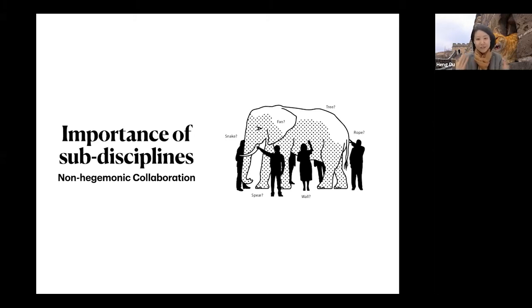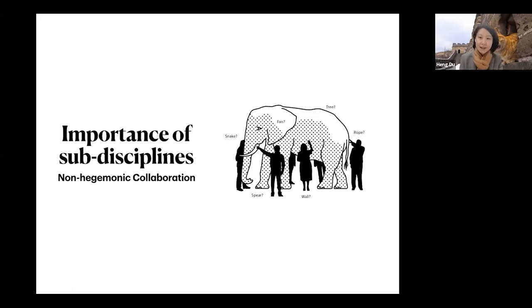So this parable that I think a lot of us are familiar with, right? This parable of the blind man and the elephant. I think it's a very helpful way for me to think about historical research in this larger context, right?